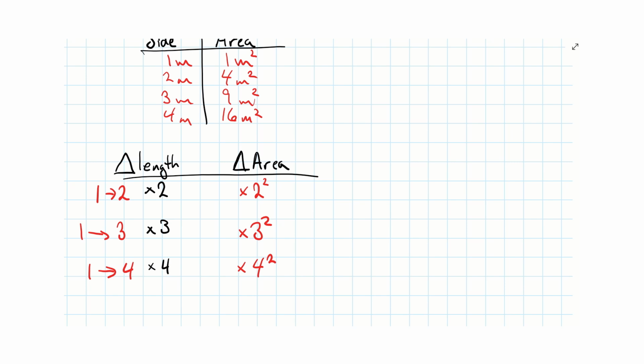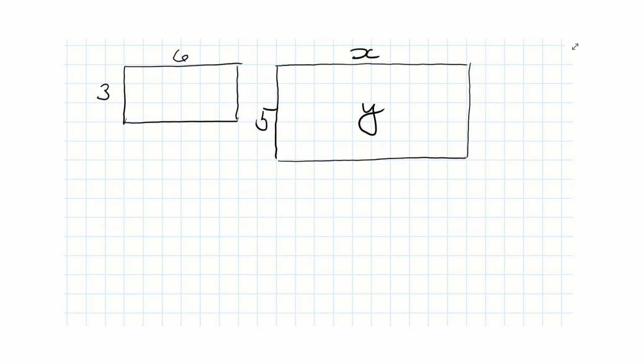Let's have a look at an example where we're actually trying to figure out the area from the lengths that we've got. Here's an example where I have 2 similar rectangles, and I'm trying to find out the value of x and y. In this case, x is obviously a length, and y is an area. So the length is going to be the easy bit that we've already learned in the previous video.